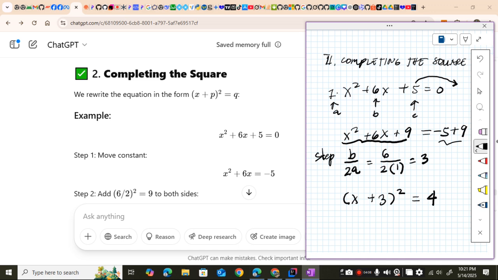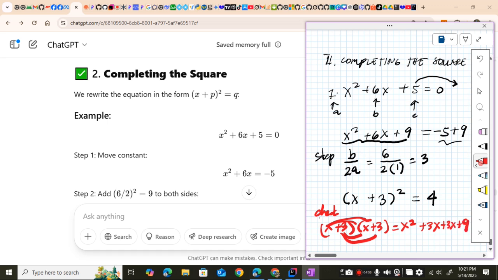Now, if we try to provide a check so that you could see, we expand x plus 3 squared, and as you can see, we can multiply x here, so it results in an x squared plus 3x, and this one is a 3x, and 3 times 3 is 9. So essentially we recover the original equation, which is x squared plus 6x plus 9.